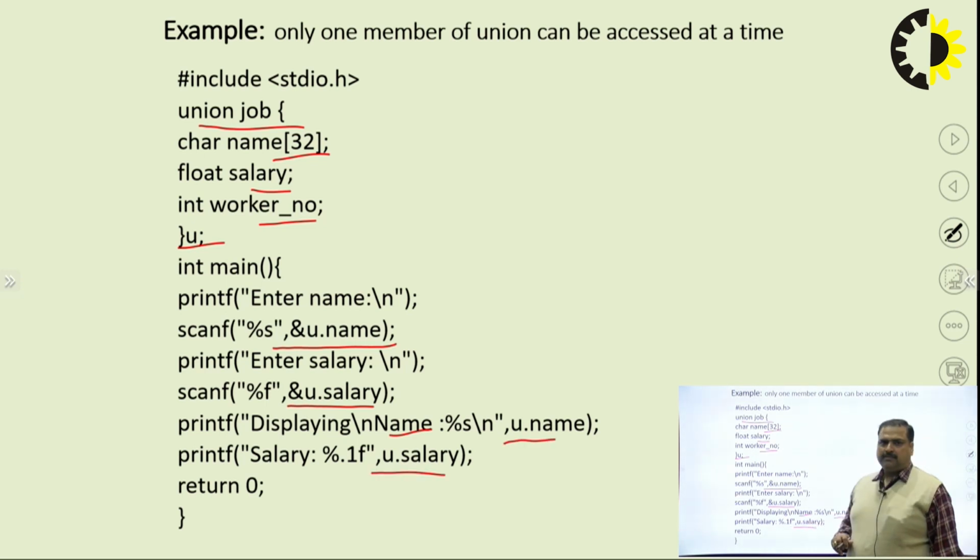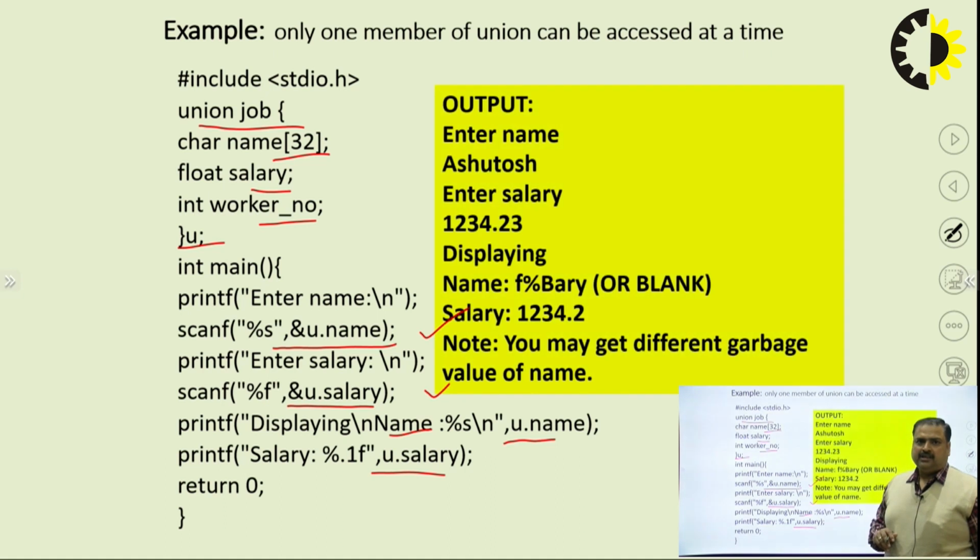Name has 32 bytes and salary is a 4-byte float. We allotted the name first and then the salary. So what is happening here?